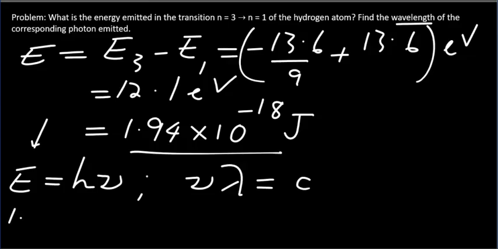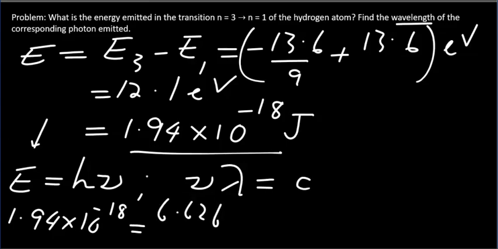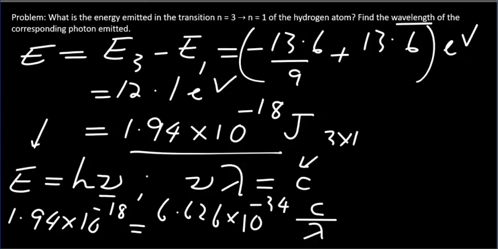So energy is 1.94 times 10 to the power minus 18 joules. Planck constant is 6.626 times 10 to the power minus 34. The frequency in terms of wavelength is given by the speed of light c over the wavelength. Keep in mind the speed of light in vacuum is about 3 times 10 to the power 8 meters per second. So substituting this number in here, we can solve for the wavelength.